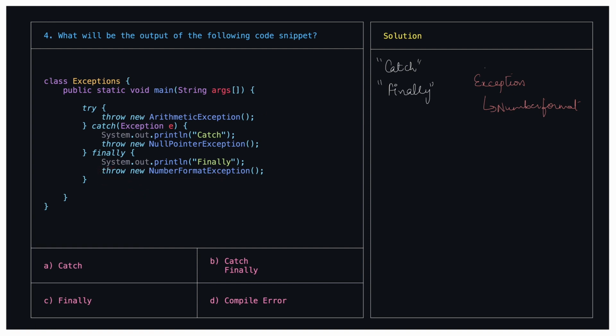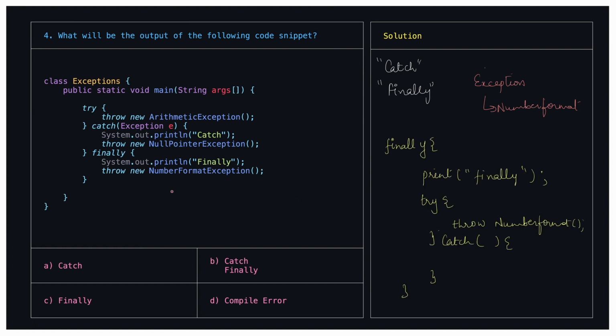Let's say I modified the code something like this, that inside the finally block, let me write it for you. Let's say the finally block also has a try and catch block, where the try block is throwing a number format exception and there is a corresponding catch block which is handling this number format exception, right?